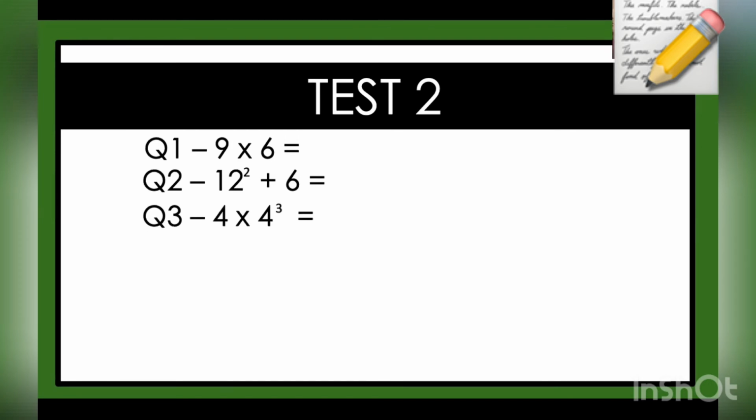Question 3, 4 times 4 cubed. Question 4, 30 take away 2 cubed.